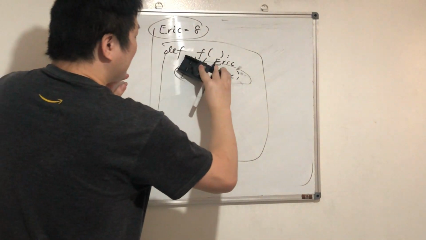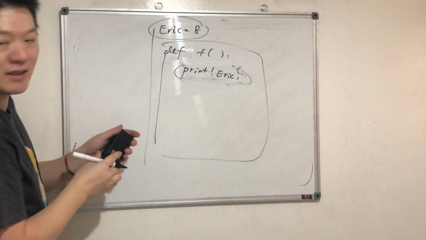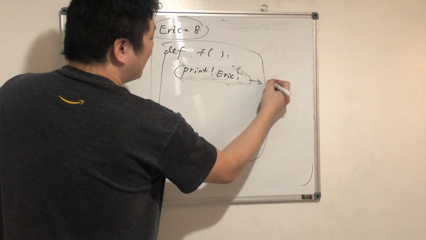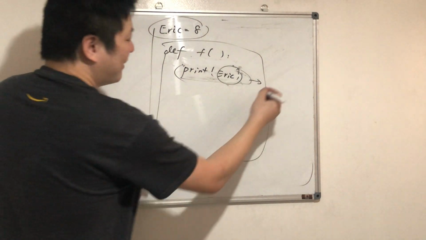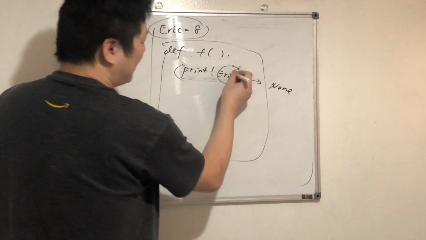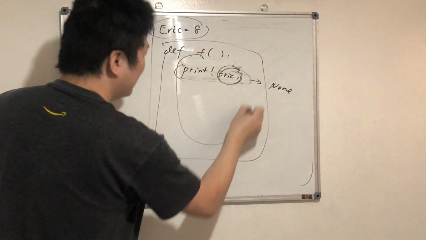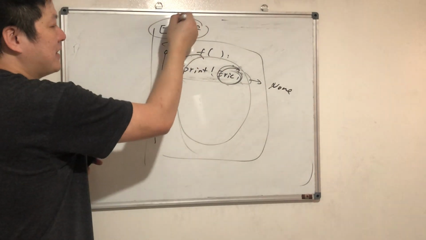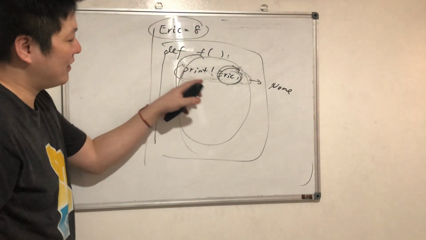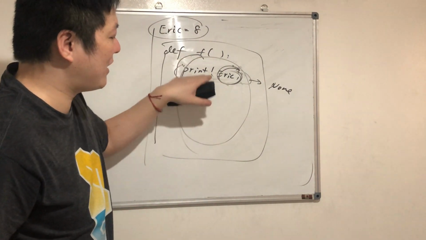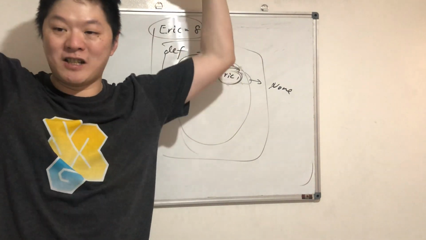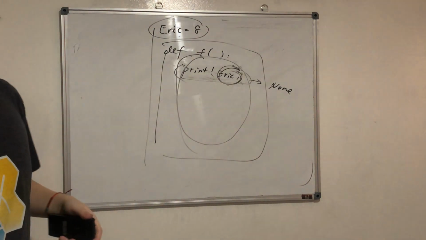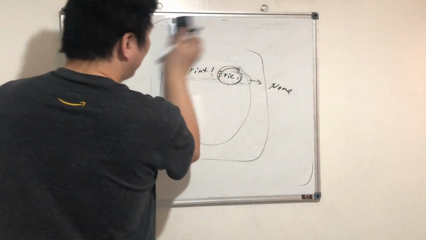If I don't add this, it will be unreferenced. It will be none, because this Eric only lives here. It doesn't live outside. If you want to use it outside, you have to tell the computer, okay, I want to use the Eric from outside, so I need to add global. It's in the global scope. Okay? Got it? Okay, this is one thing.